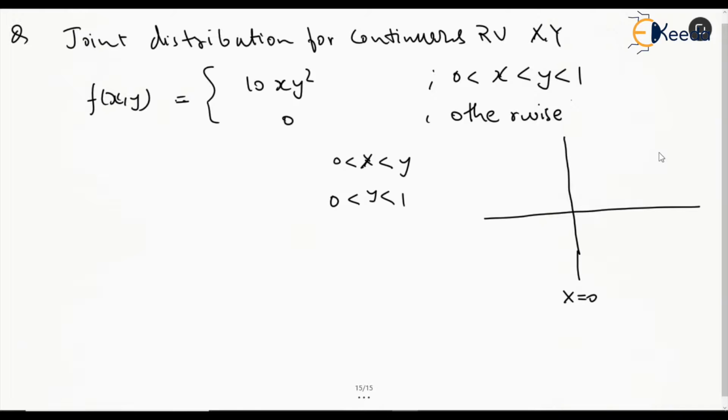The next is x is equal to y, so let's say this is the line x is equal to y. Next is y is equal to 0, so this is the line y is equal to 0. And next is y is equal to 1. Let's say this is the line y is equal to 1.